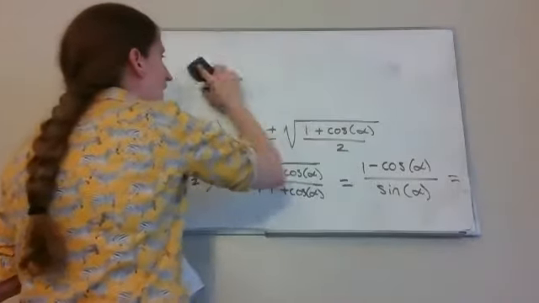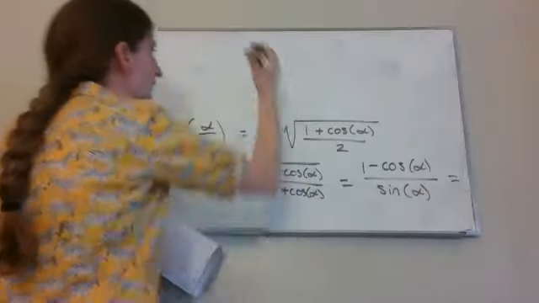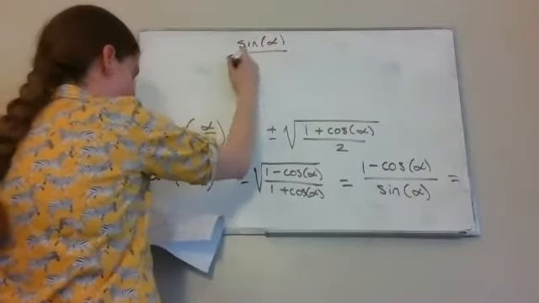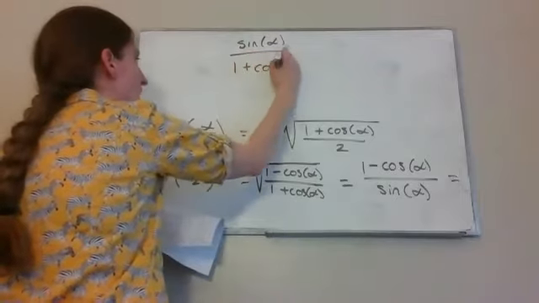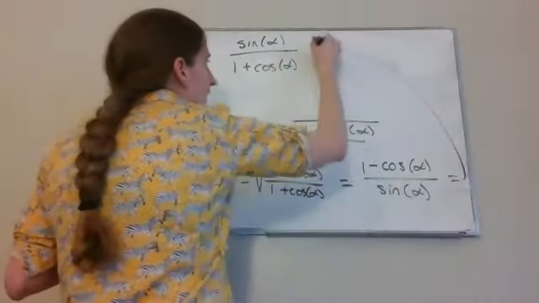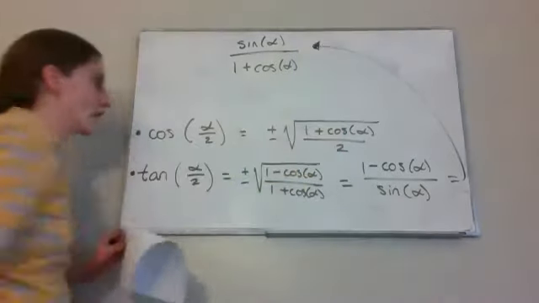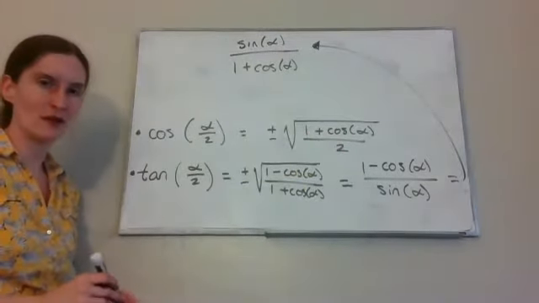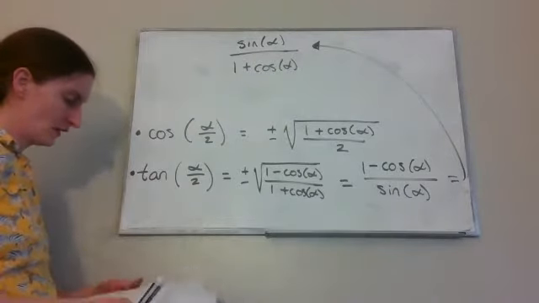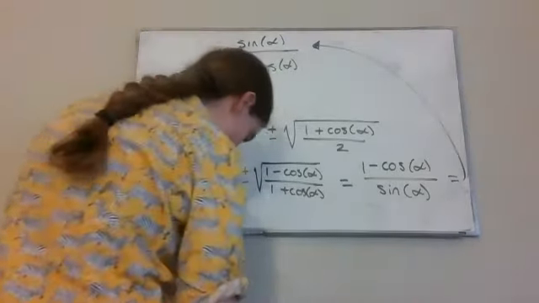Let me write that last version up here at the top. Sine of alpha over 1 plus cosine of alpha. This guy is also equivalent to those half angle formulas for tangent. So let's do an example using one of these formulas.